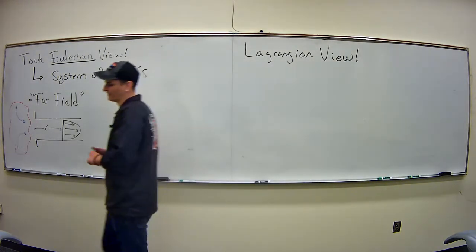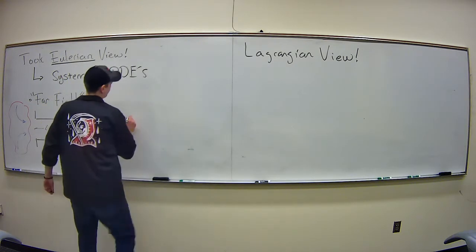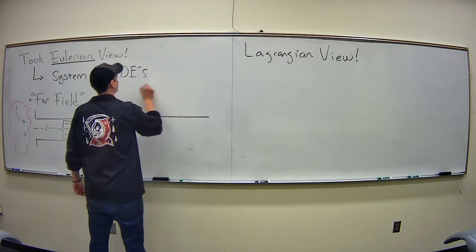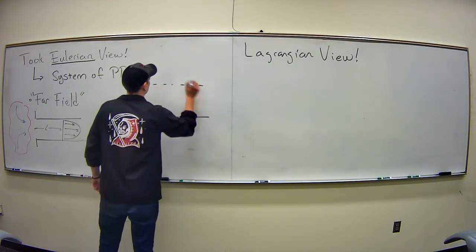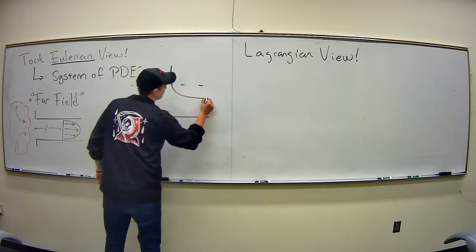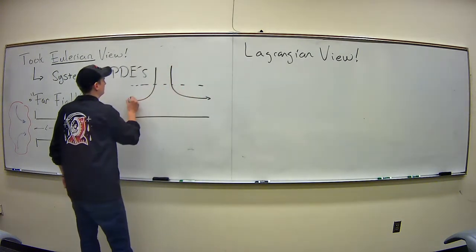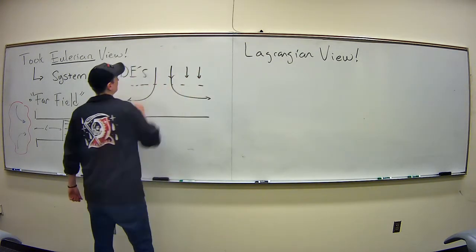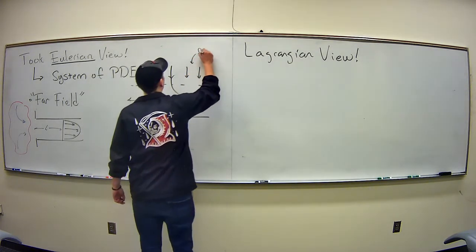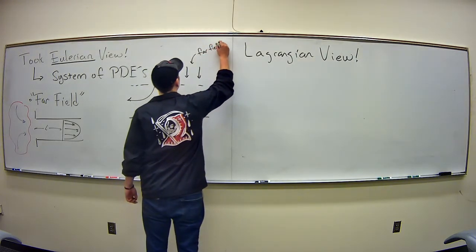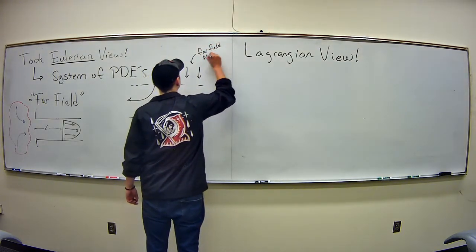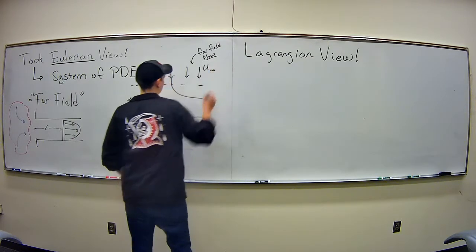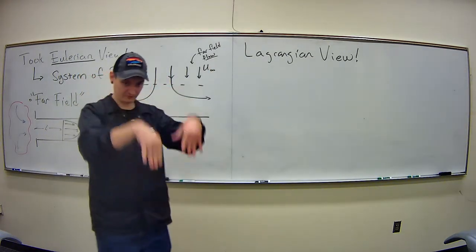Always should be. We did it another time, too, in this Hiemenz flow or stagnation flow. Remember, this was this problem where it looked like this, and then this was our far field flow. It just looked like plug flow, constant flowing inward.